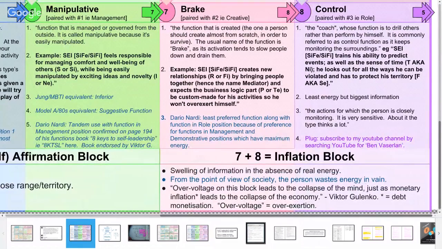Right, inflation block. Dario and I very much loved it, and Victor lived through very high inflation in the former Soviet Union in the 1990s. Overvoltage on this block leads to collapse of the mind, just as monetary inflation leads to collapse of the economy. What this means is, if you give the INTP too much pressure, too much stimulation, like ESTPs will love the pressure and the stimulation because they can show their mettle.